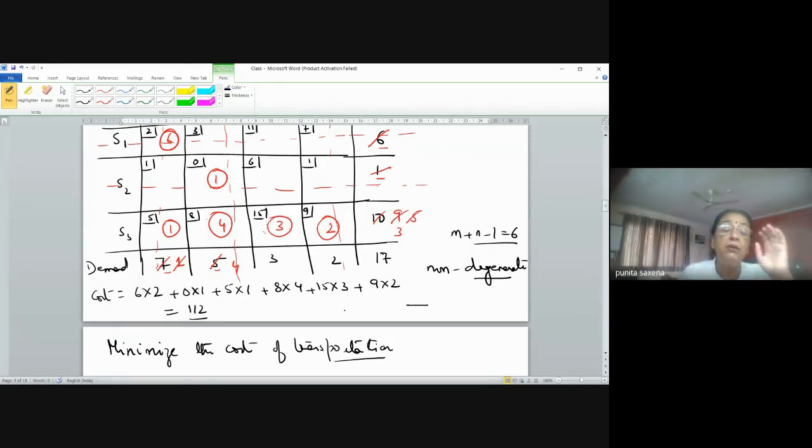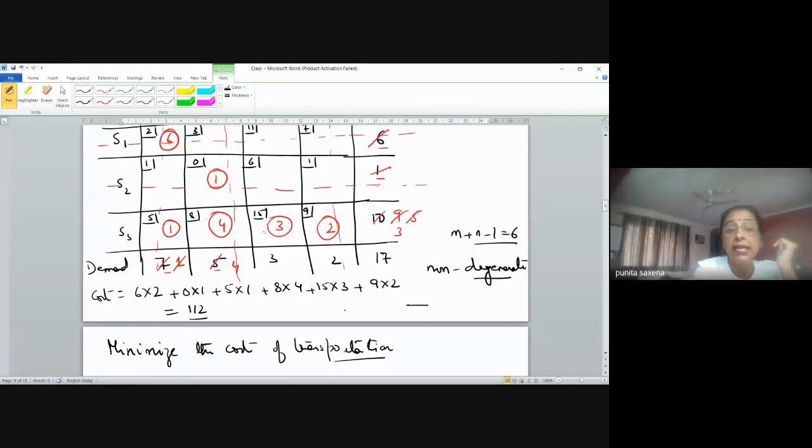Obviously, the question can be, what do we mean by better? Or how do we rate a particular method to be better? Ultimately, we have to reach an optimal solution. Say you start with the northwest method and then check for optimality.